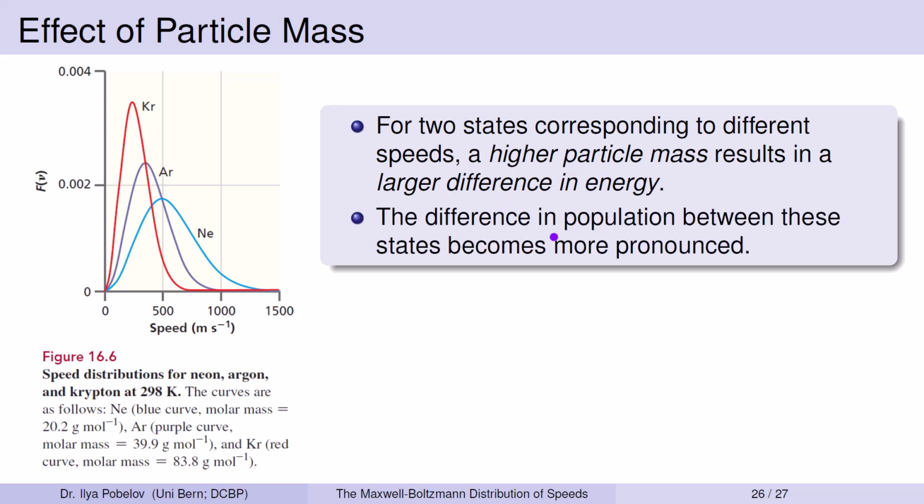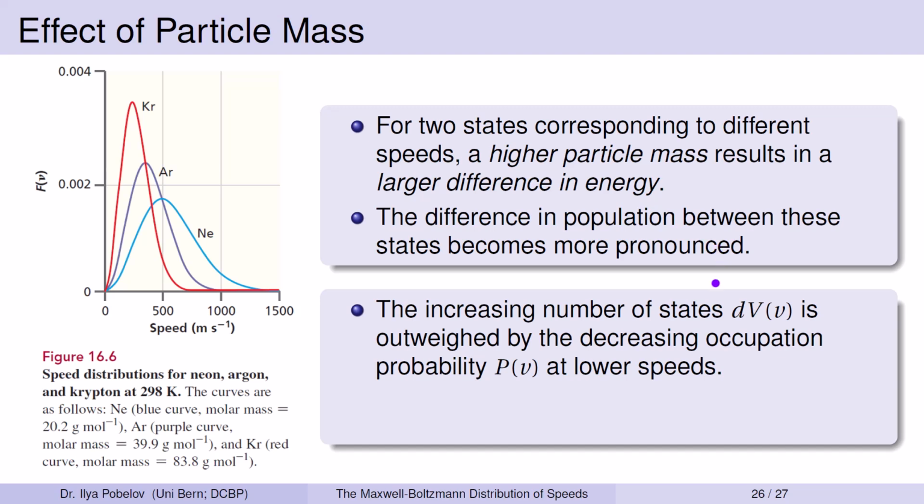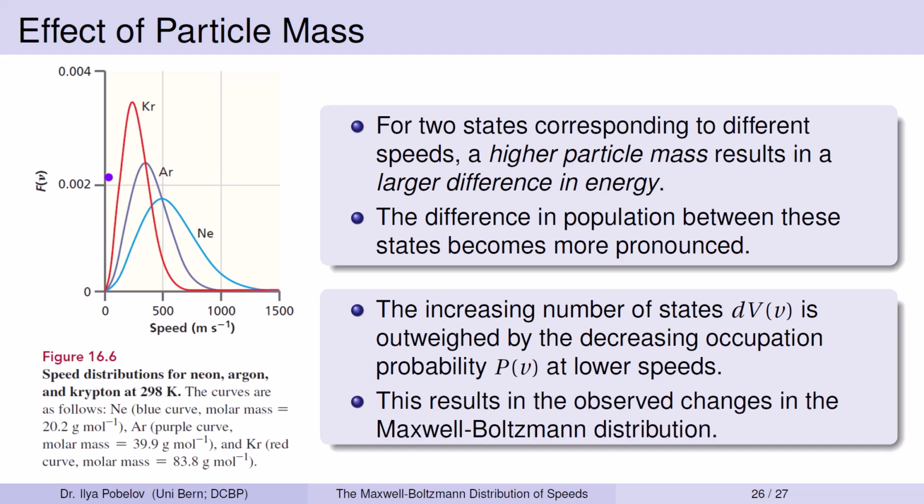The difference in population between these states becomes more pronounced. Consequently, the increasing number of states is overweighed by the decreasing occupation probability at lower speeds. This results in the observed changes in the Maxwell-Boltzmann distribution.